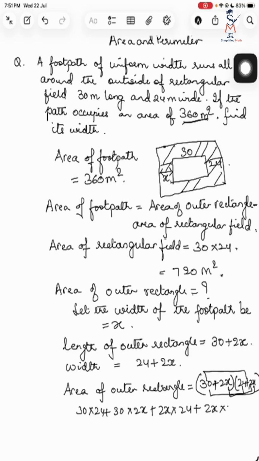Okay, so now it will become 30 into 24 is 720 plus 30 into 2x becomes 60x plus 24 into 2x 48x plus 4x square.